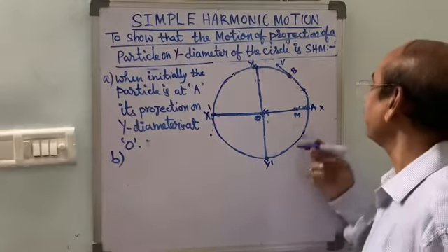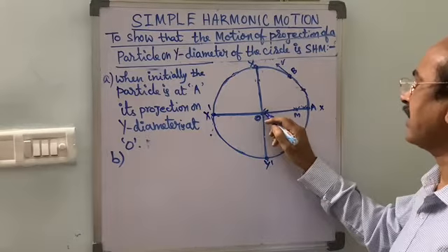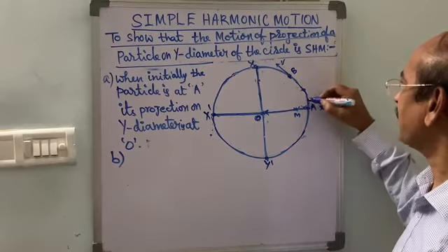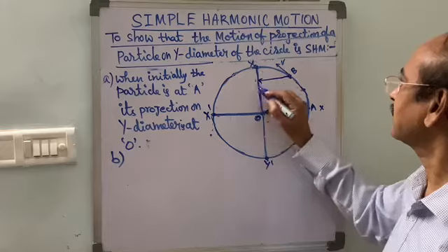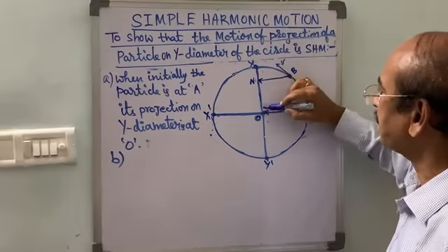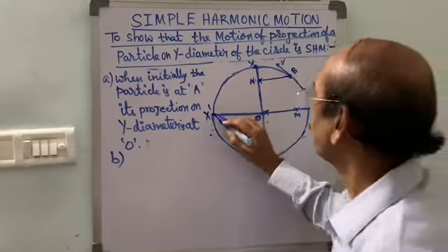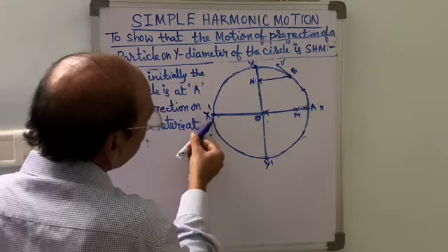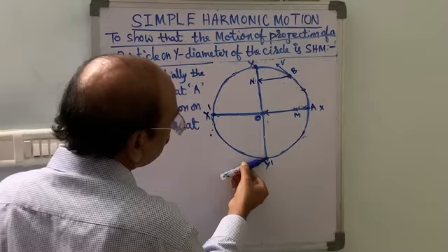So here, when the body is at A, its projection on the y-axis is at O, and if the body moves from A to B, then its projection moves from O to N, and when the body moves from B to Y, then the tip of the projection moves from N to Y. When the body moves from Y to X dash, then the projection moves from Y to O. When the body moves from X dash to Y dash, its projection moves from O to Y dash.